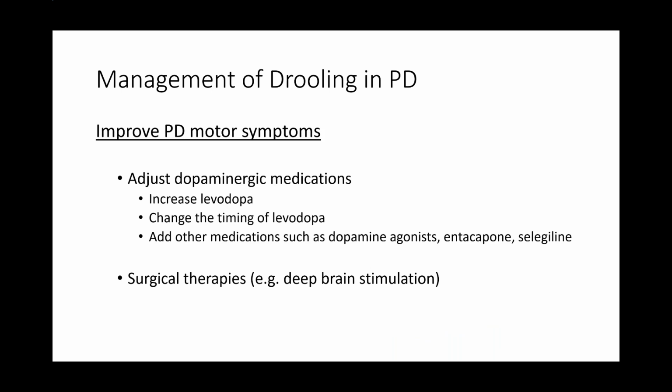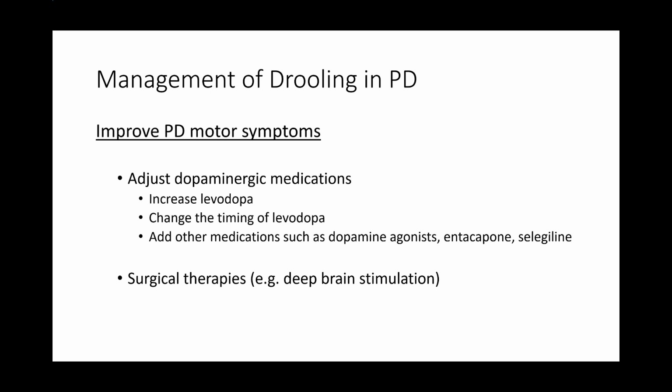Another step in management of drooling is to improve or optimize the control of Parkinson's motor symptoms. So like I mentioned earlier, slowness of movement, facial masking or lack of facial expression can be factors contributing to drooling. And if you have someone move more normally, you may find that their swallowing improves and their facial expression improves and their drooling reduces.